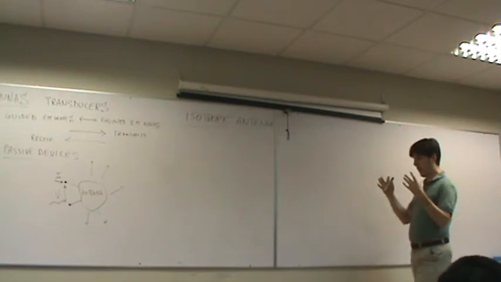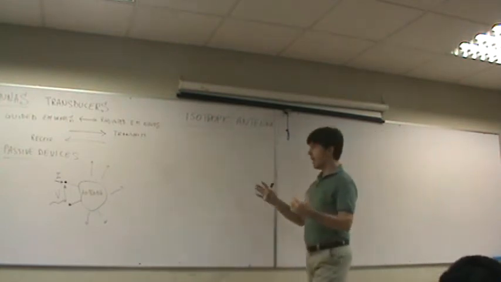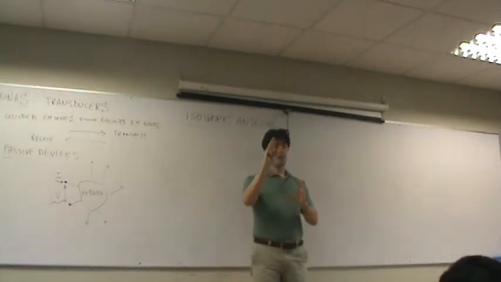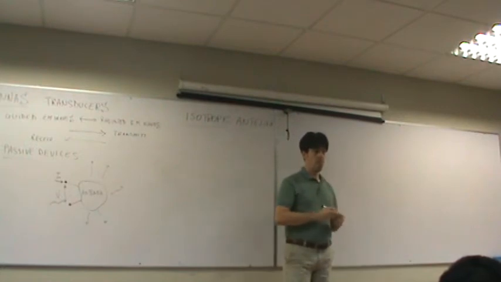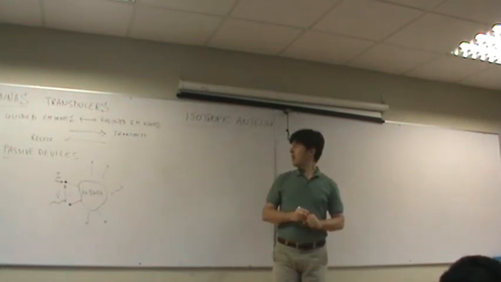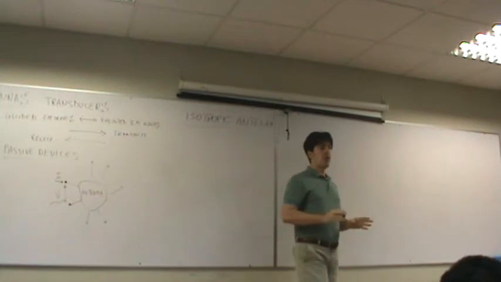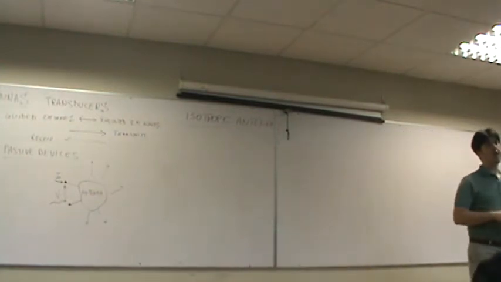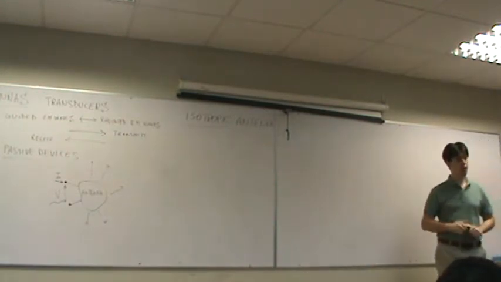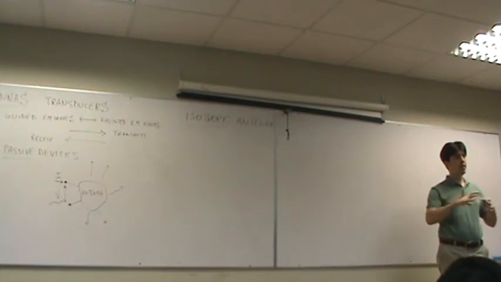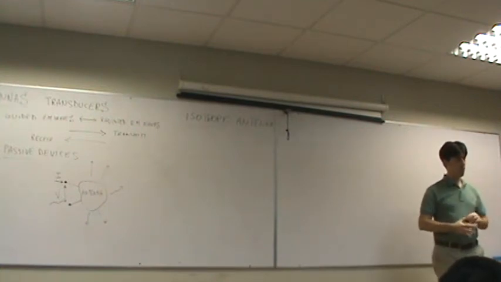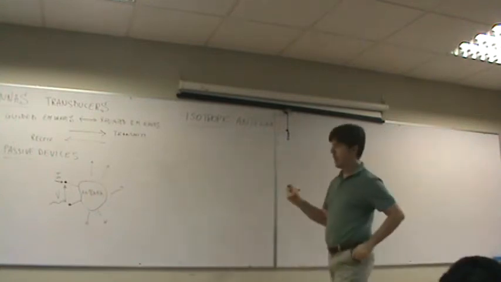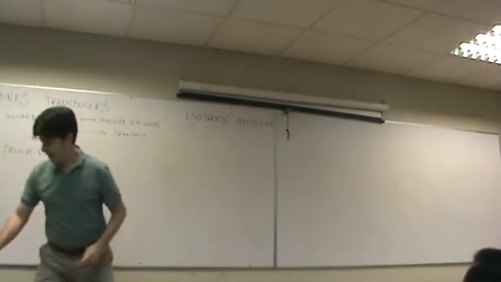Radiates uniformly regardless of the direction. This antenna does not exist. It's not possible to build an antenna that radiates in the same way in all directions. But nevertheless, we consider this as a reference.